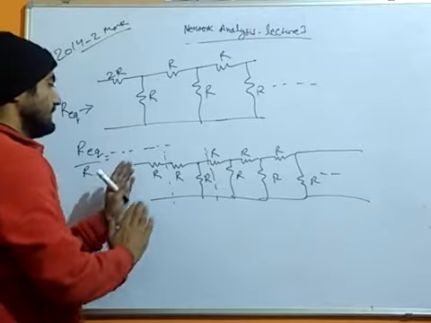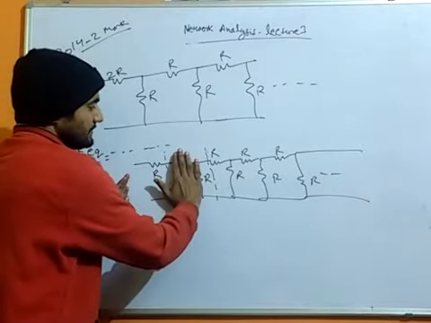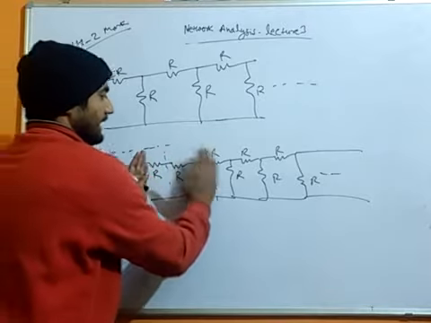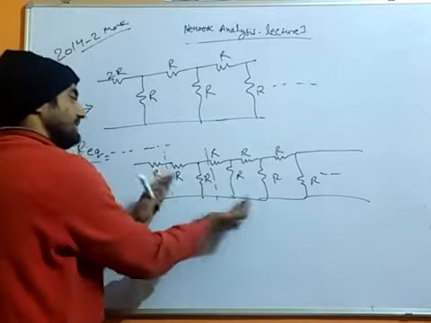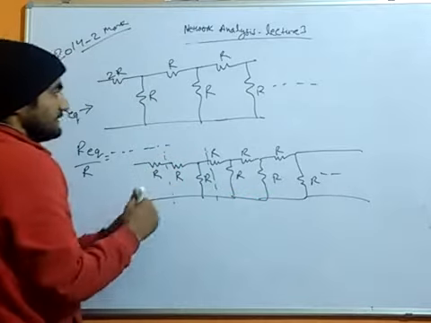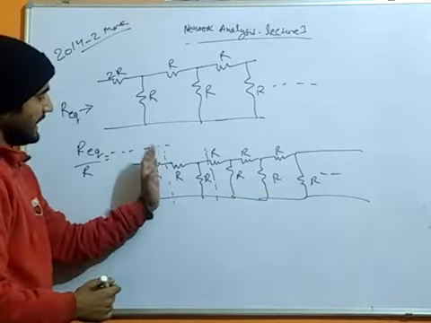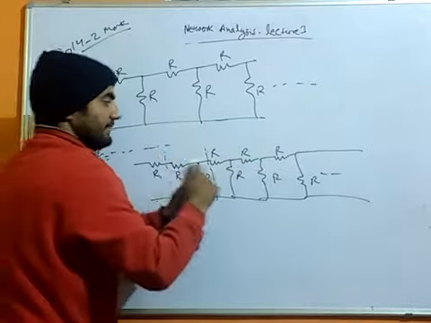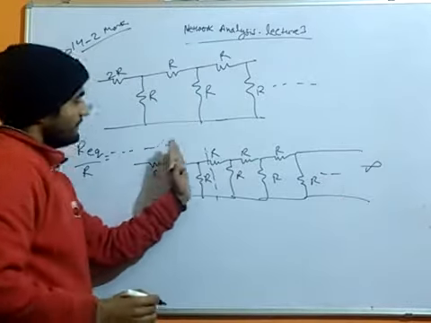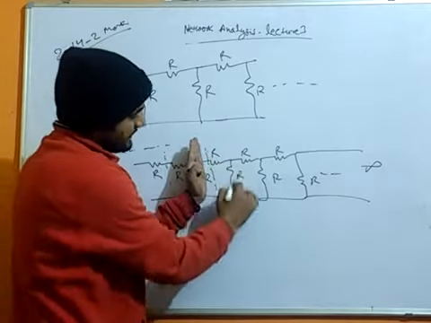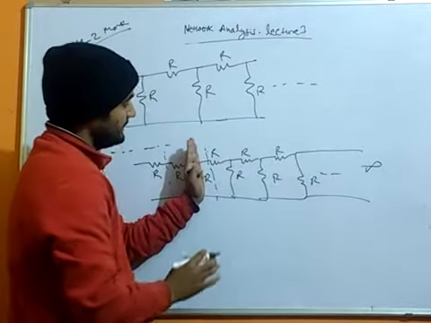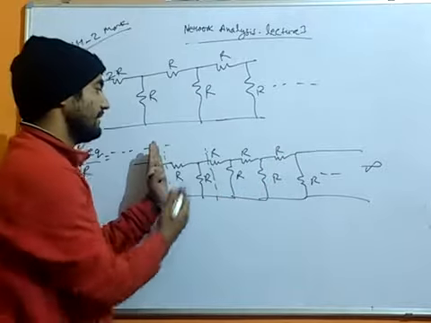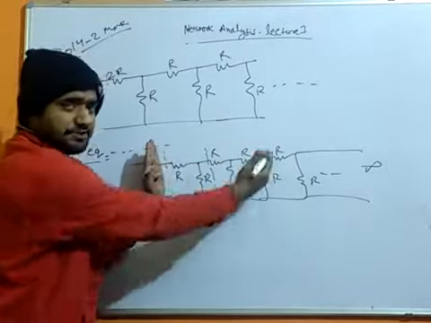So overall we can see that if we omit this part, even this part, then the remaining part will be similar to this one. Means either we are seeing from here, we are finding R up to infinity, or we are seeing from here, again R up to infinity. So whatever the value from here, the same value will be from here, because the same situation is there.